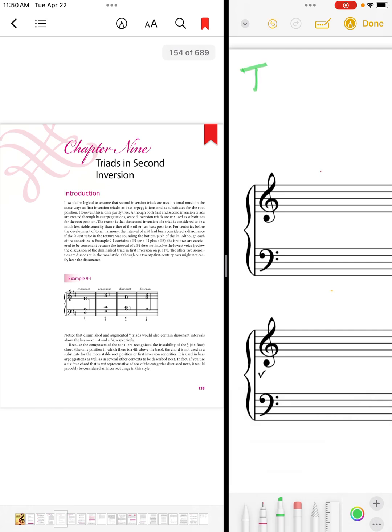So 1 means that the chord is in root position. 1/6 is when you're already in a first inversion chord.